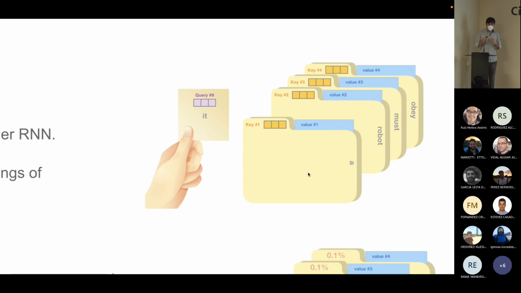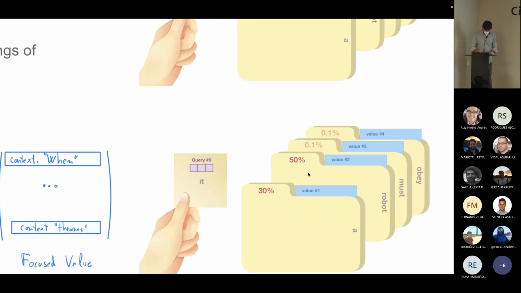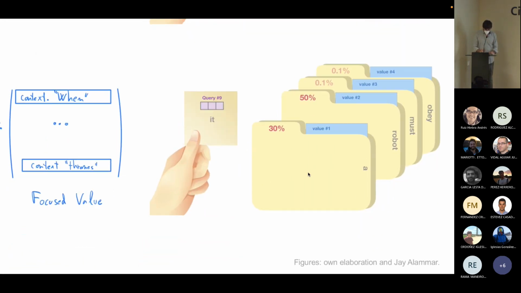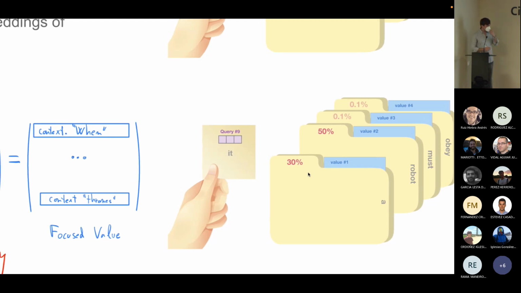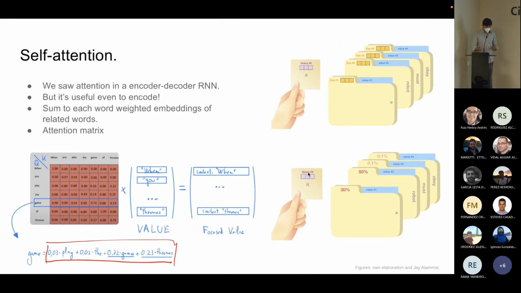So we compare the representation, and after comparing, the comparison says, well, it is 50% similar to the robot and 30% similar to the A. Well, then we have the key, we have the query, and then we get the value of that. This is just an analogy to understand how it can work.